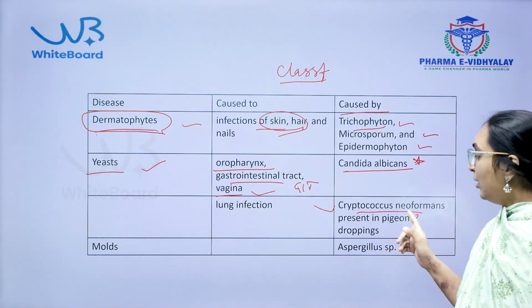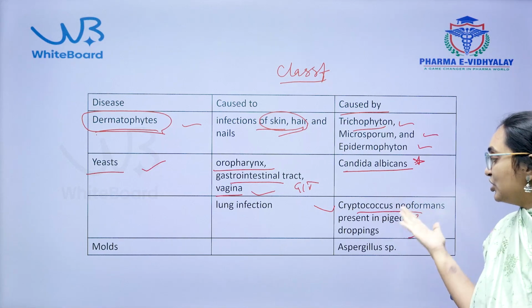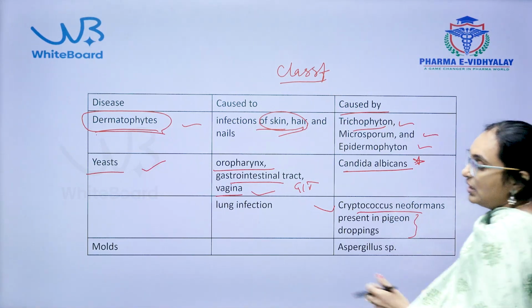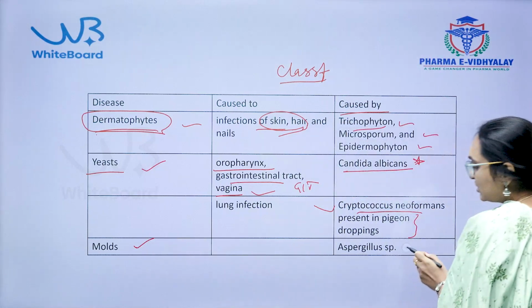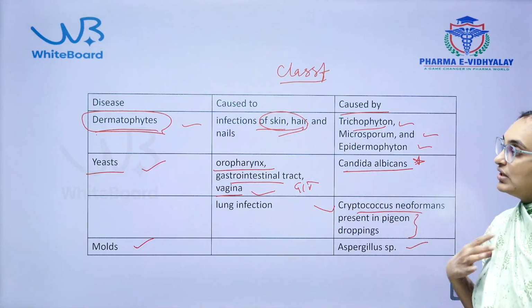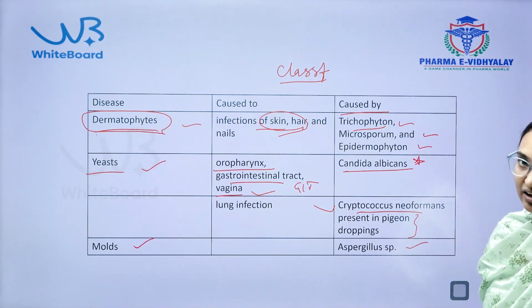That is why we should not inhale the smell of pigeon droppings. One more is molds, caused by Aspergillus species. So these are the different diseases, causative agents and the areas being affected.